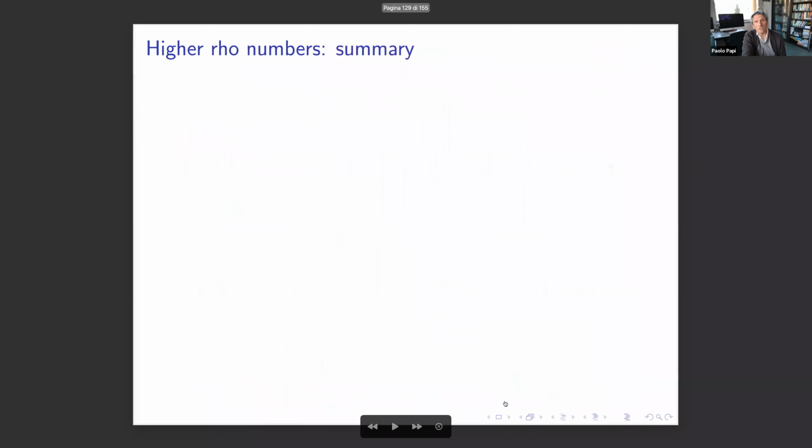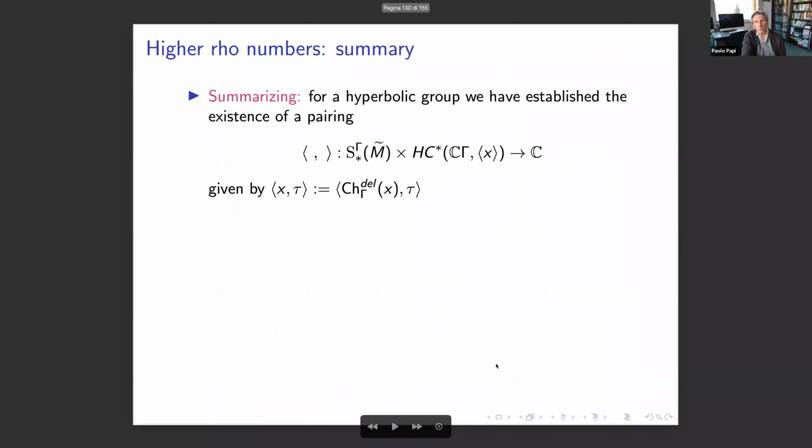Okay, so now let me summarize what we have. For a hyperbolic group, Gromov hyperbolic group, not in general, we have a pairing between the cyclic cohomology localized at the conjugacy class x with this part of the Higson-Roe surgery sequence, the elements in S star and tilde.